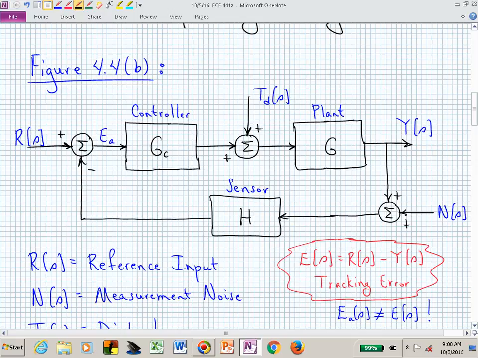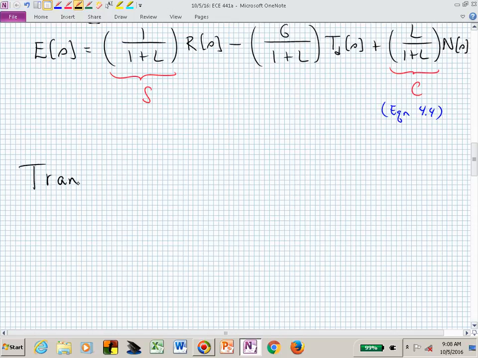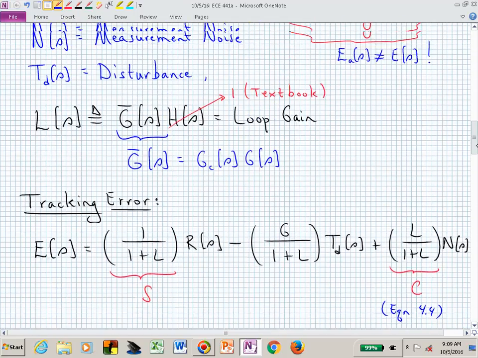Try to do that. I'll give you a minute. It shouldn't take you very long. So I'm asking you to find the transfer function between T sub D of S and Y of S. And if you need to work together, you may, since we're not in an exam.